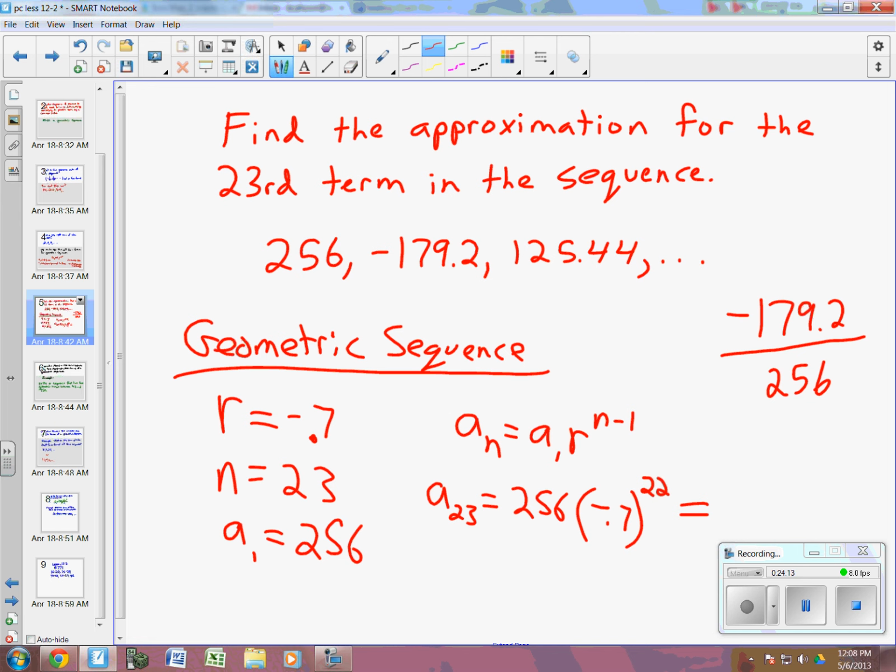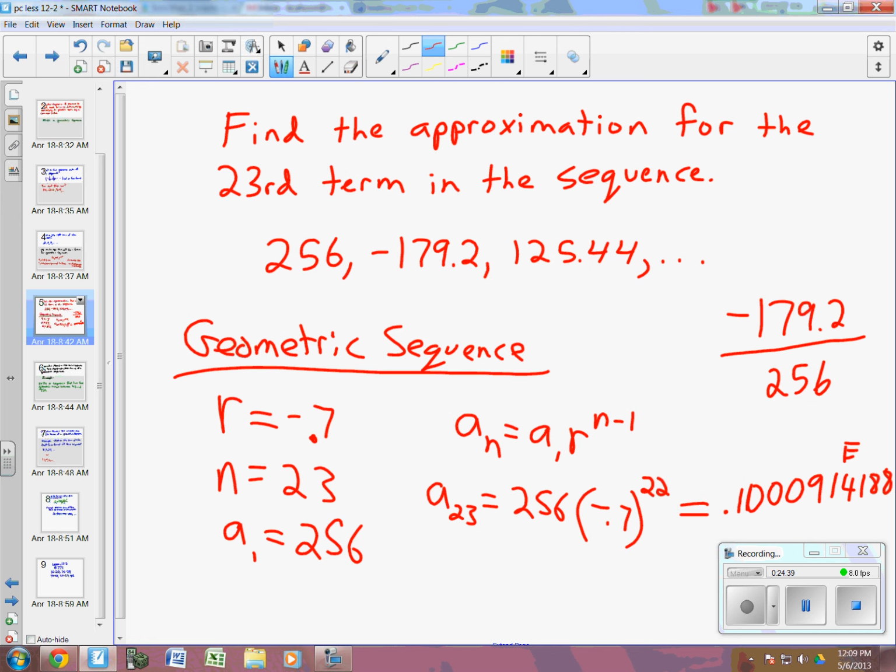Negative 0.7. And what did you get? 0.1110, and then it said E? It doesn't say E?